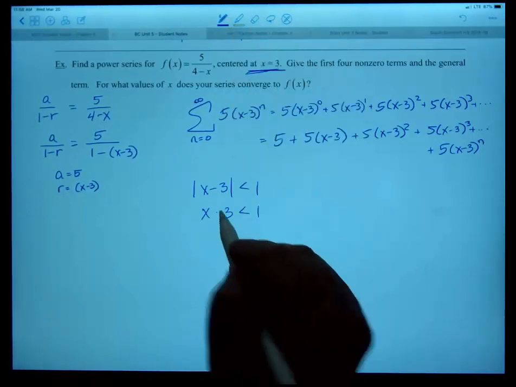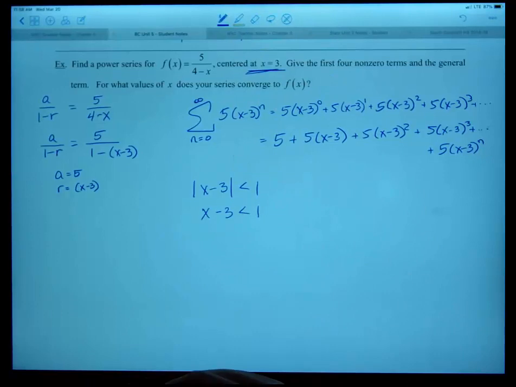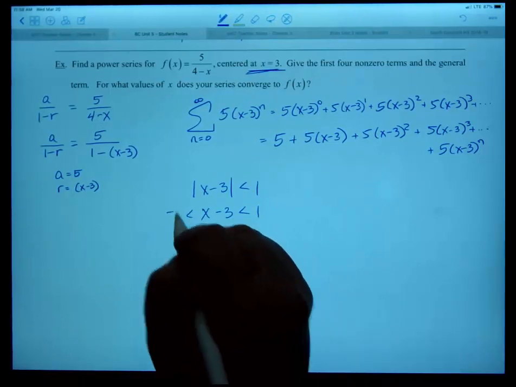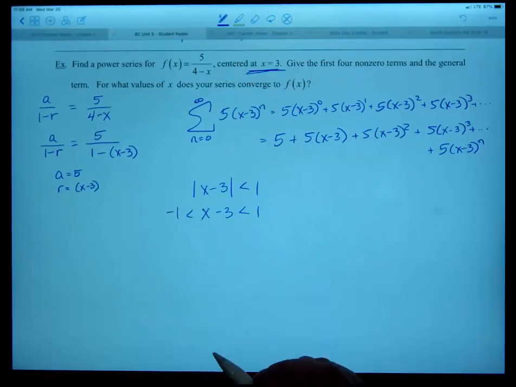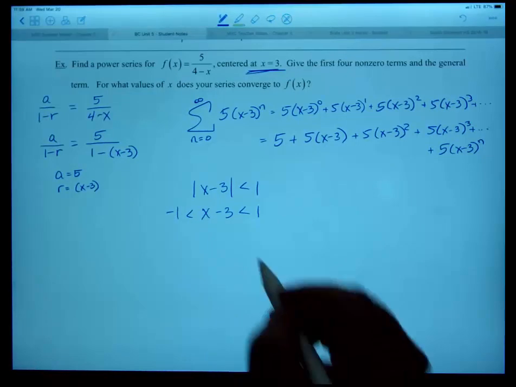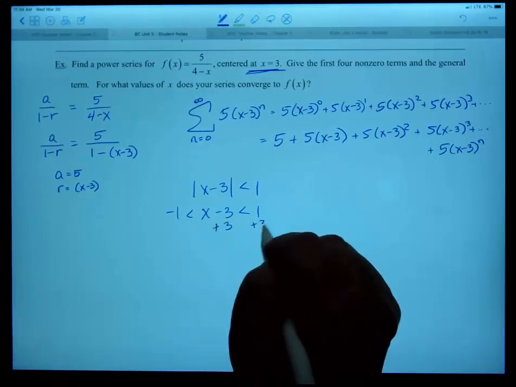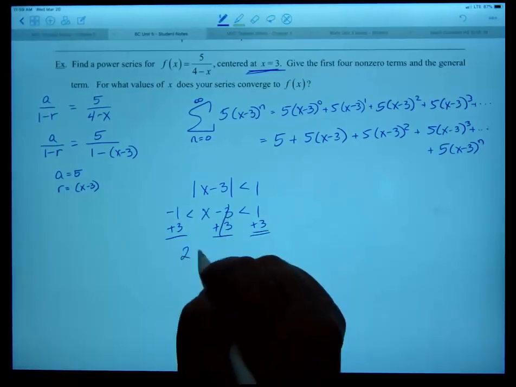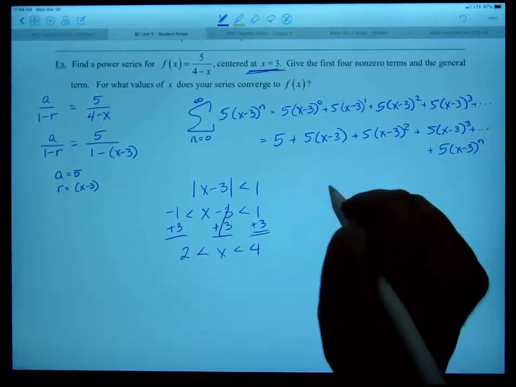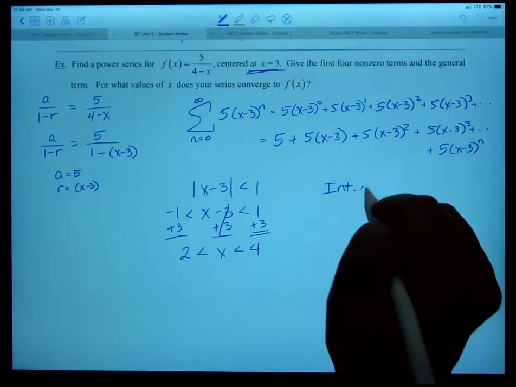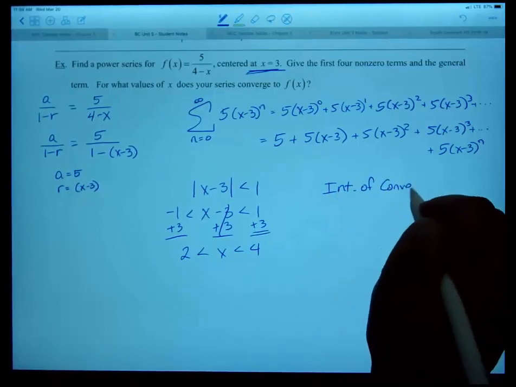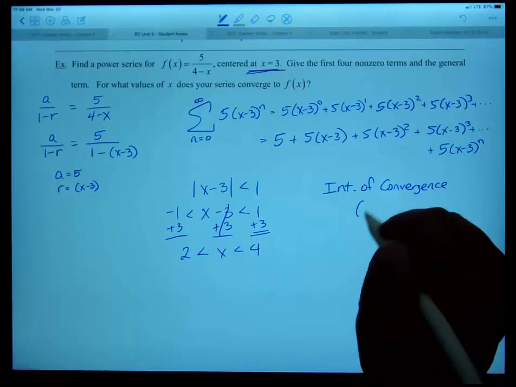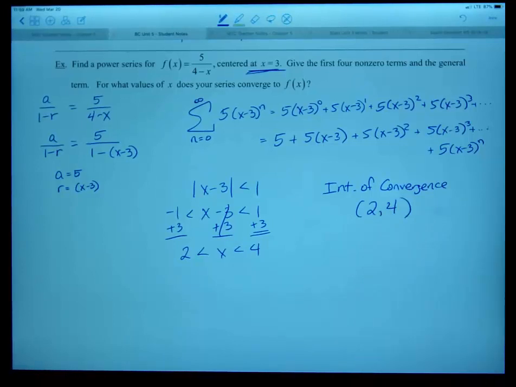So first I want to go ahead and finish the problem, and then I'm going to tell you why. Okay? So you put the negative 1 in the front. What do you do to all three terms to get the x by itself? Add 3. So those cross out, and you get 2 is less than x is less than 4. So our interval of convergence is 2 to 4 with parentheses.